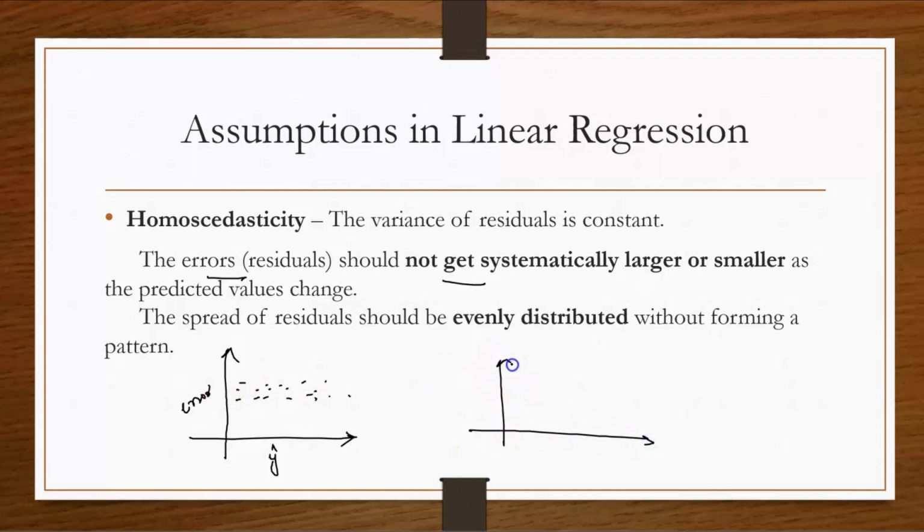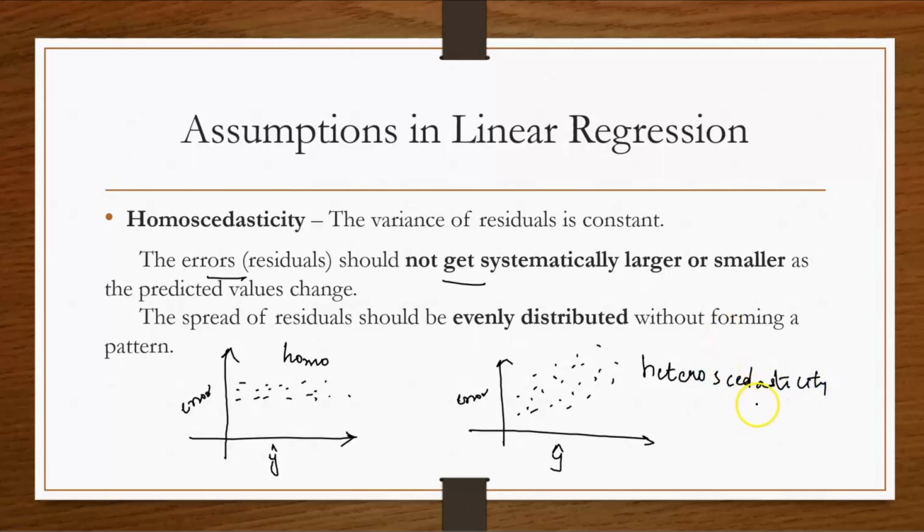We have another situation, and this shows the homoscedasticity. And we have another situation, if you plot a graph between the predicted value and the error, there can be situations where the error changes like this. As the y predicted changes, error changes randomly. This is known as heteroscedasticity. Okay.